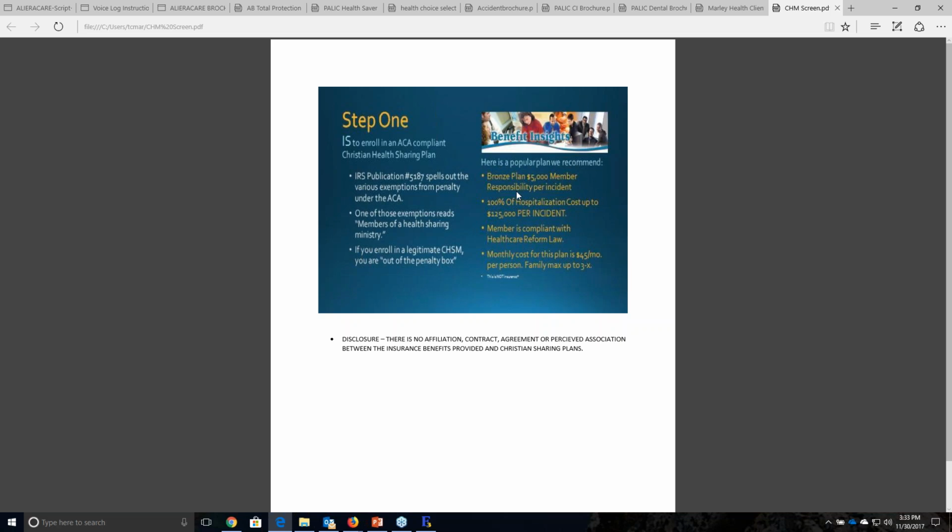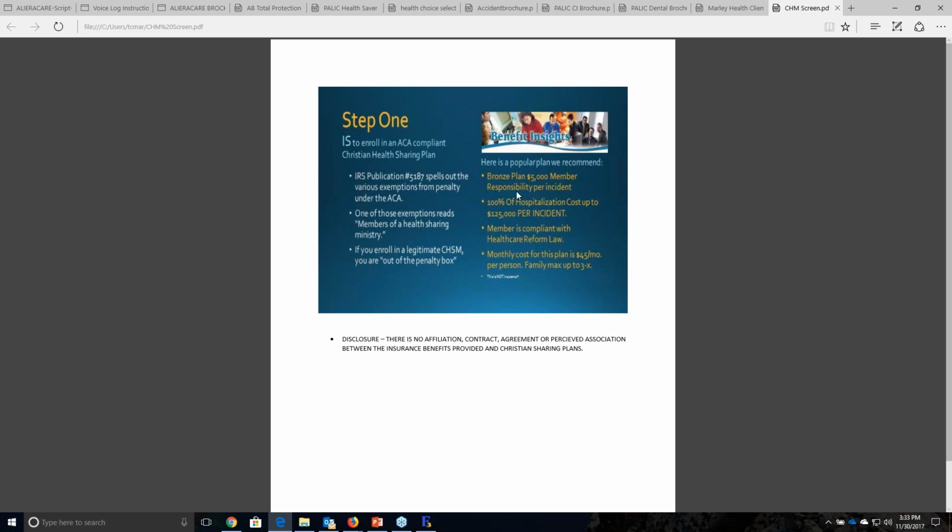So if you had a $100,000 claim and the indemnity plan paid $80,000, there's $20,000 of unpaid medical expenses. That $20,000 of unpaid medical expenses can be shared at 100% with the ministry because the $5,000 personal responsibility was satisfied by the $80,000 paid out by the indemnity plan. Hope that makes it clear.